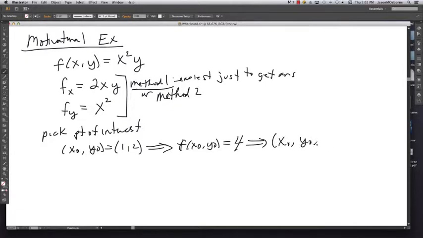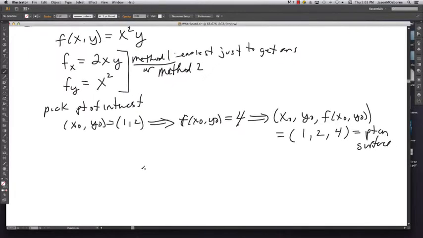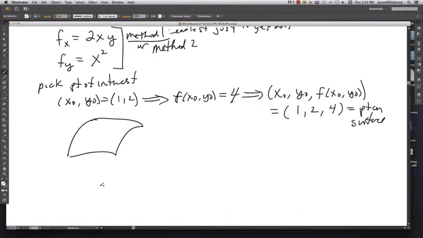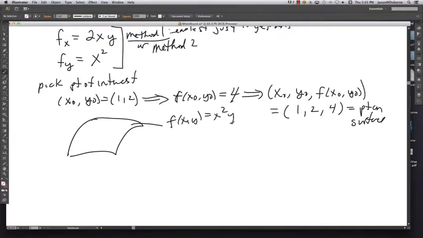You have x naught, y naught, f of x naught, y naught, which is a point on your surface. So if we're sketching a picture of all that we've done so far, I just have some sort of surface. I had the function f of x y was x squared times y. We picked a particular point down here, 1, 2. That was our x naught, y naught.